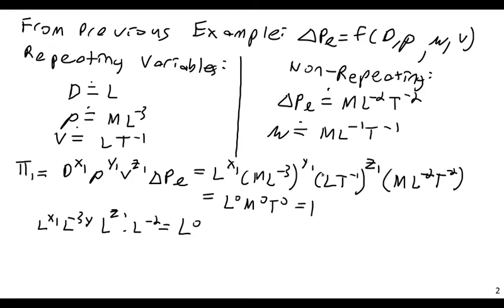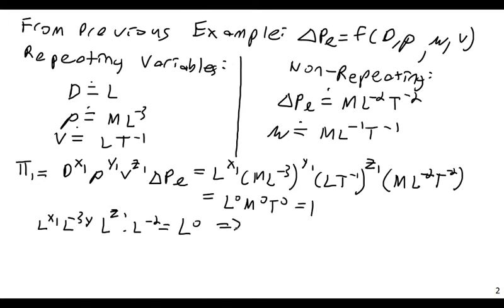So if I distribute this down, look at the individual dimensions. All of these dimensions must ultimately add up to 0. So L to the x1 times L to the -3y1 times L to the z1 times L to the -2 must equal L to the 0.